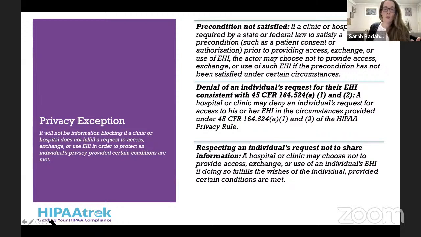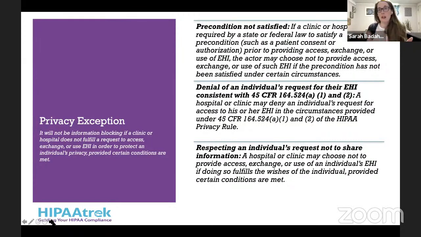There are other examples that folks have asked me about that are really specific to state regulations. So some states require specific authorizations for minors' information to be released, like minor sexual health information to be released to other providers or to their parents.